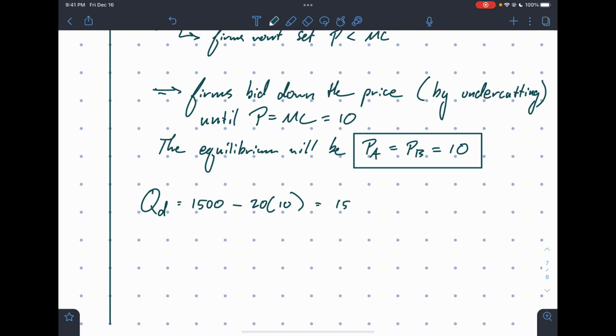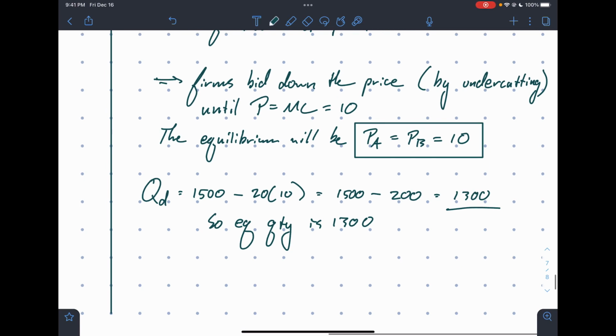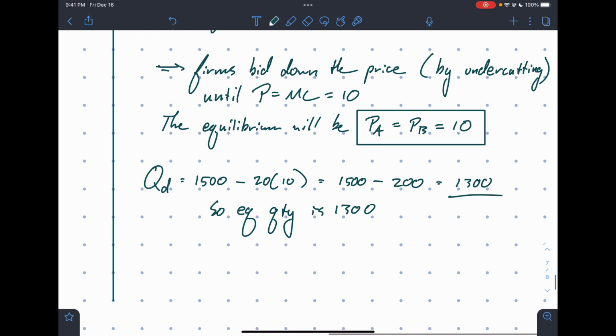So this is 1500 minus 200, also known as 1300. And then finally, each firm gets 650.